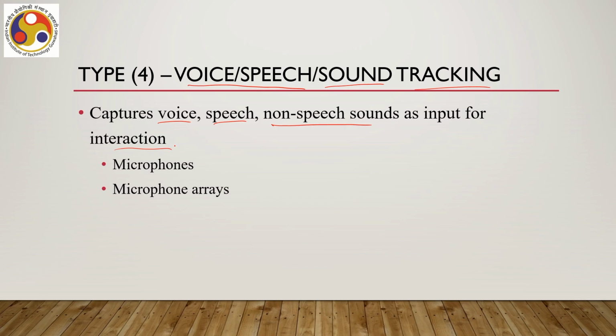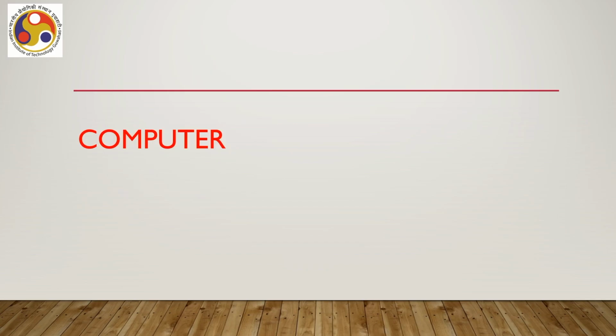For that, the input devices we need to use are microphones, simple microphones or microphone arrays, that is a set of microphones to capture sound in a 360-degree environment. So, those 4 categories are basically non-hand input techniques, namely head tracking, eye tracking, full body tracking and sound based tracking.